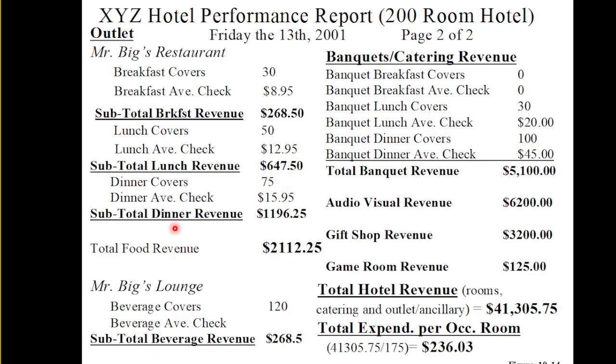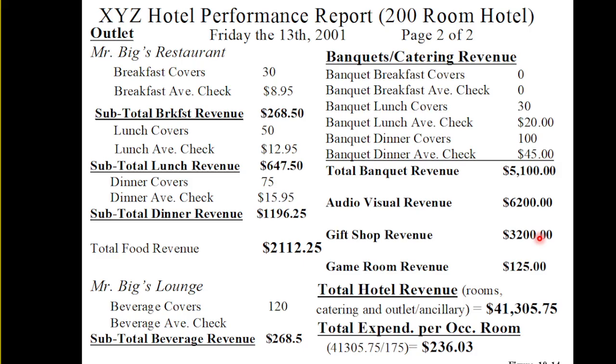Then dinner covers, they have 75 heads. Then dinner average check is $15.95. So a total of $1,196.25. Okay, simple as that.